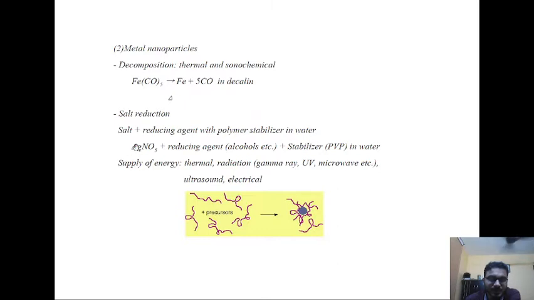One example is AgNO3 plus a reducing agent, that is alcohol, plus stabilizer PVP in water. The supply of energy is given by thermal or radiation. Radiation means gamma rays, ultraviolet, and microwave. Supply of energy can also be through ultrasound and electrical.